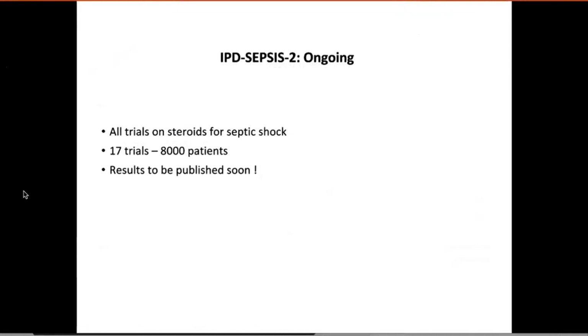We now have access to 17 trials, more than 8,000 patients, and the analyses are completed. I cannot share them with you, unfortunately, but I can say that they're pretty close to the ones we obtained in the first part of the study, and I hope that the results will be published sometime soon. Next slide.